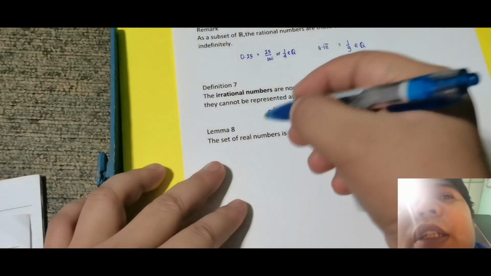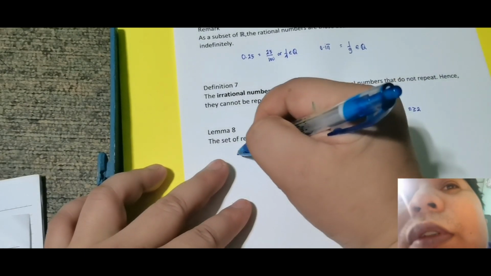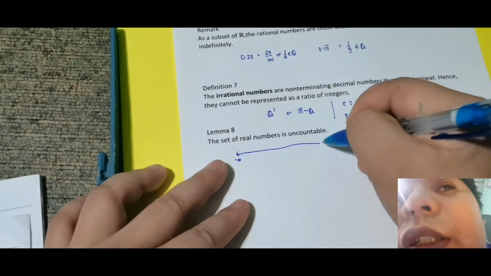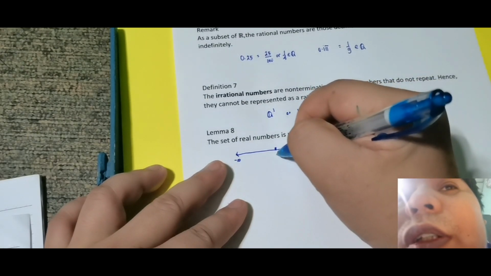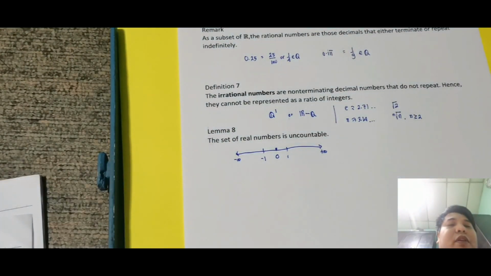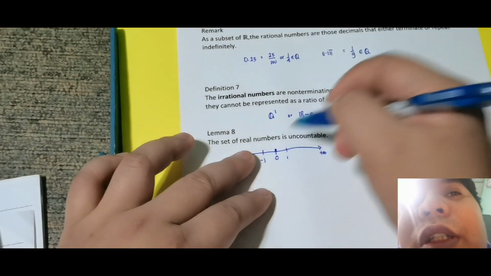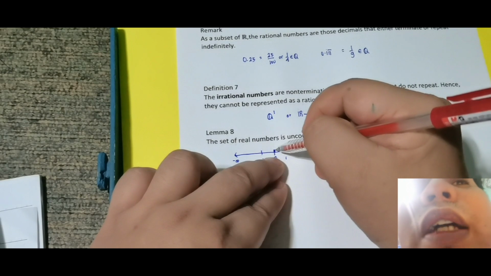So, let's say ito yung ating real number line. Ito yung negative infinity. Ito yung positive infinity. Ito yung 0. Ito yung 1. Ito yung negative. At napakarami yan, literal. Ngayon, ang gagawin ni sir, kukunin ko yung open interval na to. Ito lang.